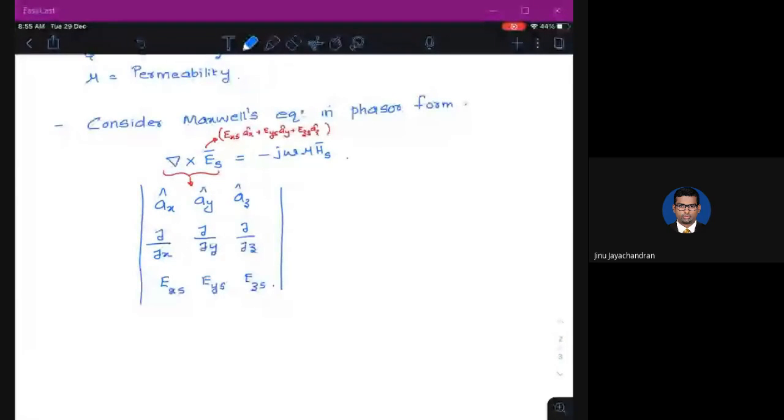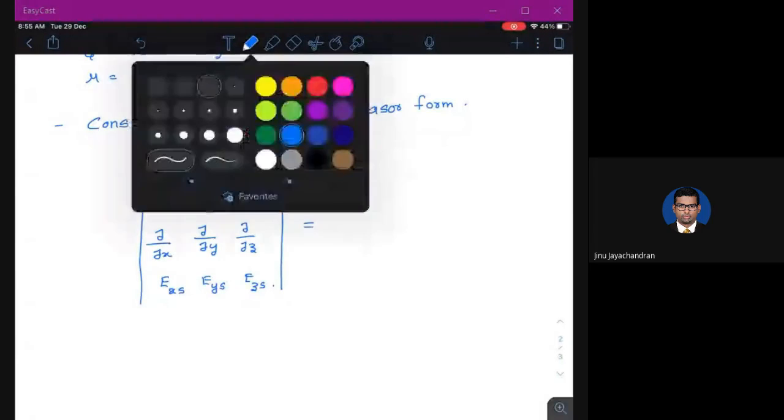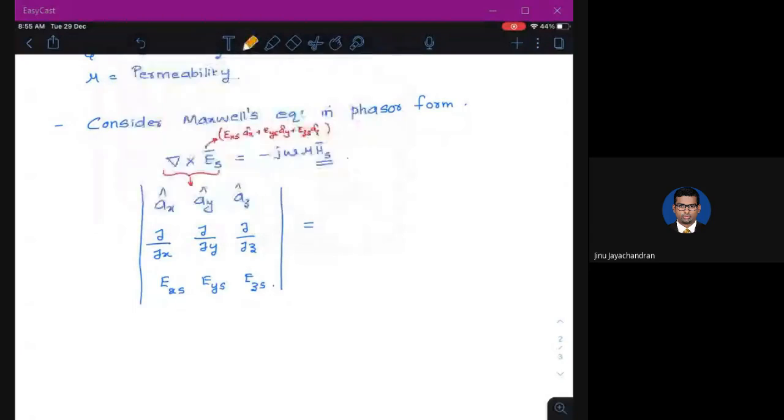Now this is equal to, now you see HS can be written as HXS, the component along x, plus the component along y, plus the component along z.